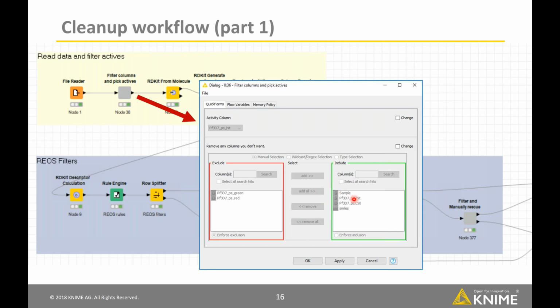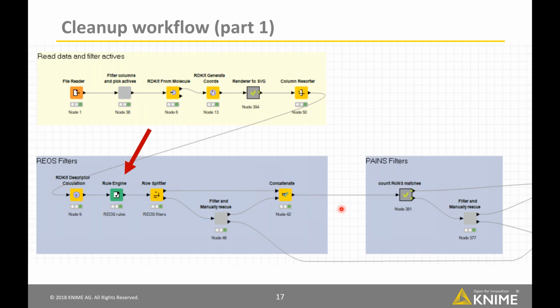In this particular case, because each of these compounds has already been tagged by the experimentalist as to whether or not it's a hit, I'm not interested in having the raw fluorescence results, which is what these two columns are. So I just take those readouts out and move forward with just a sample ID, whether or not the compound's a hit, and then the smiles for the compound.